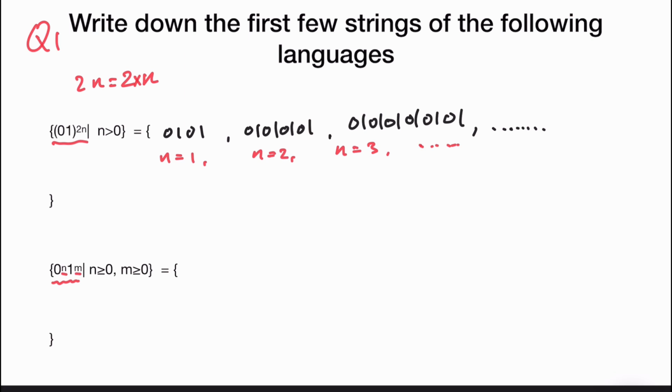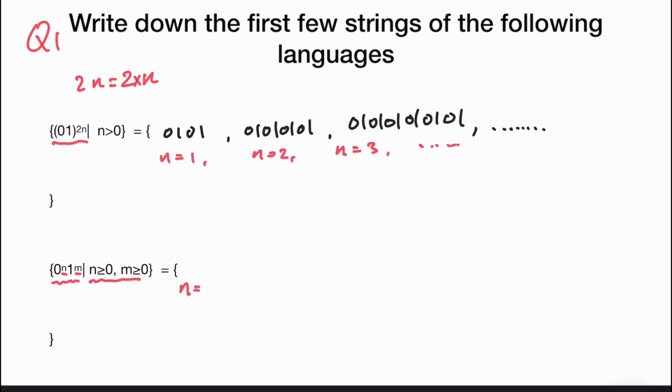Our second question looks a little bit more sophisticated because we have two variables appearing instead of just one. It says repeat 0 n times, repeat 1 m times, such that both n and m are greater than or equal to 0. We should think of the shortest string first. Is it possible to have a string of length 0? Yes.